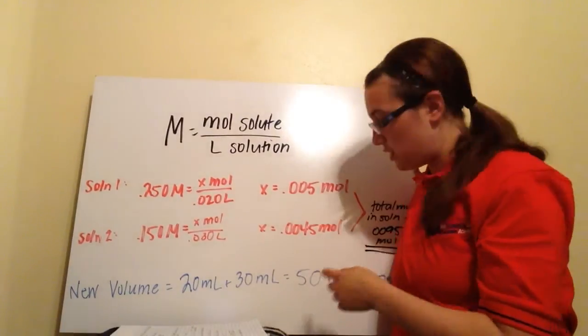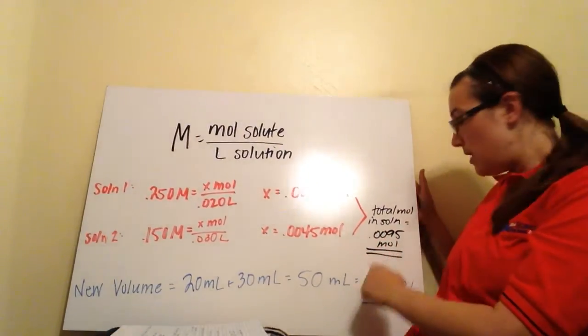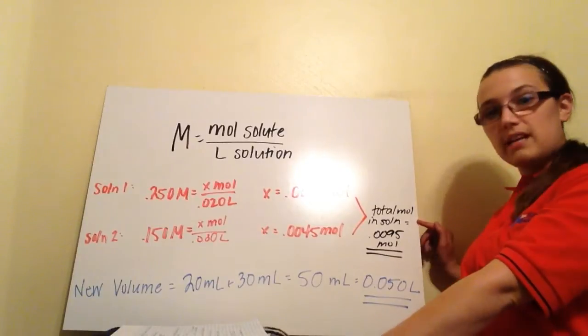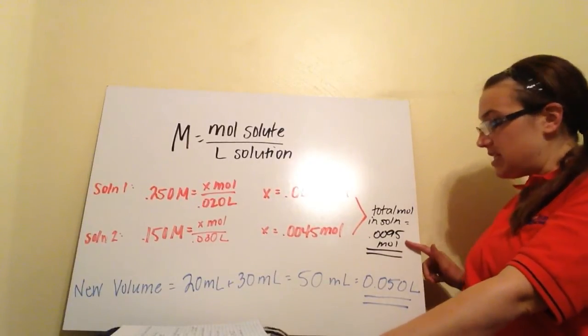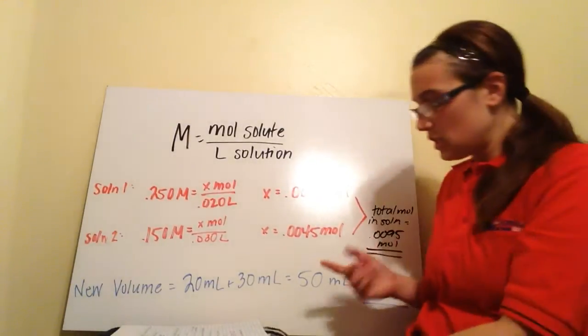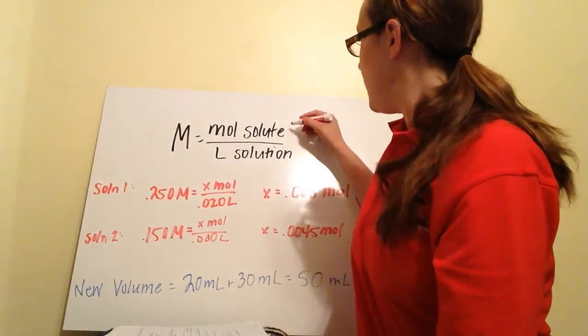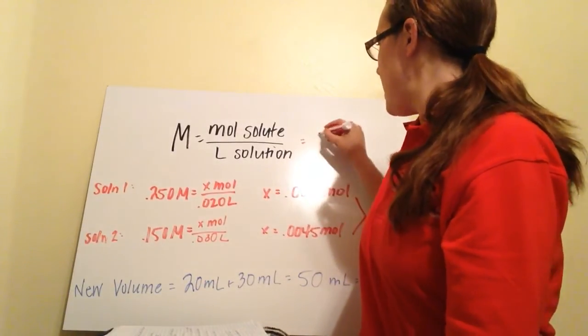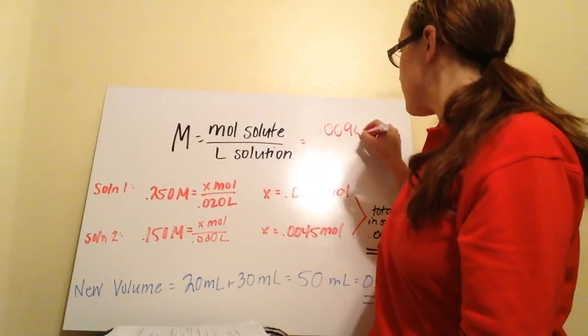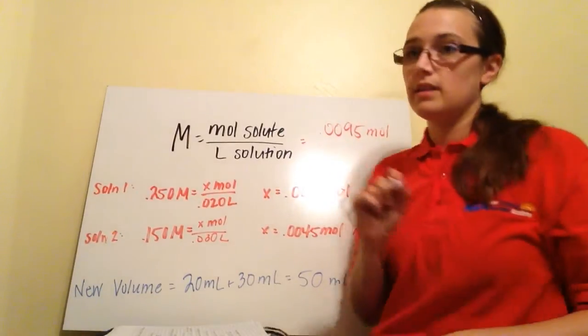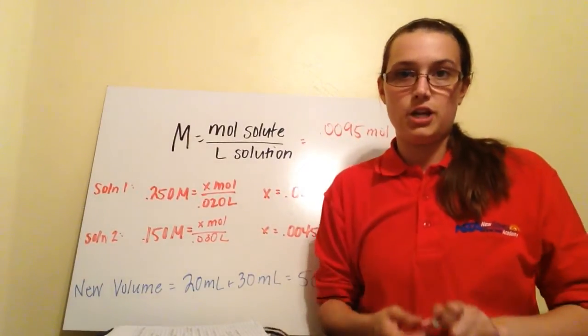So now we have to add them together. So the total number of moles in this new solution is 0.0095. So what we have now is our moles of solute has changed to 0.0095. So our number of moles have now changed.